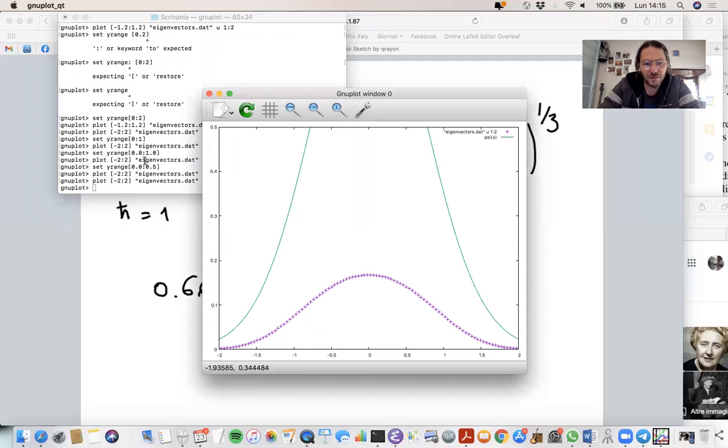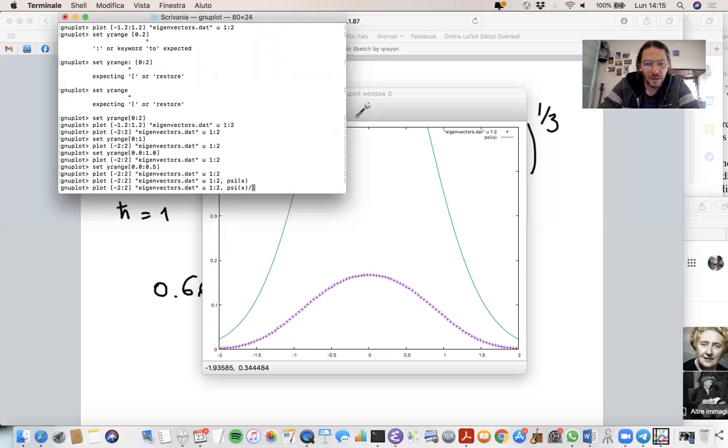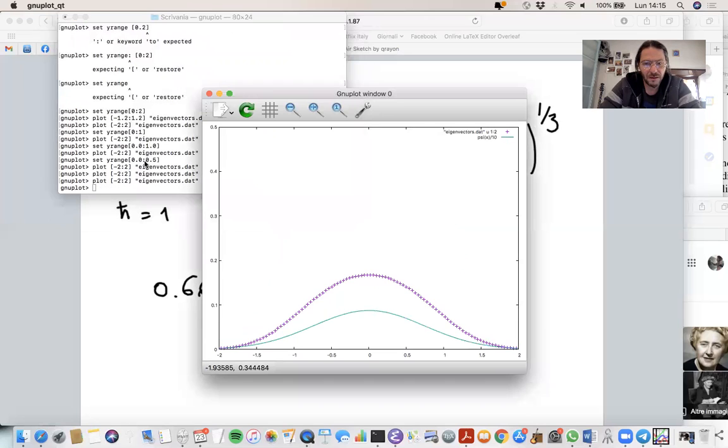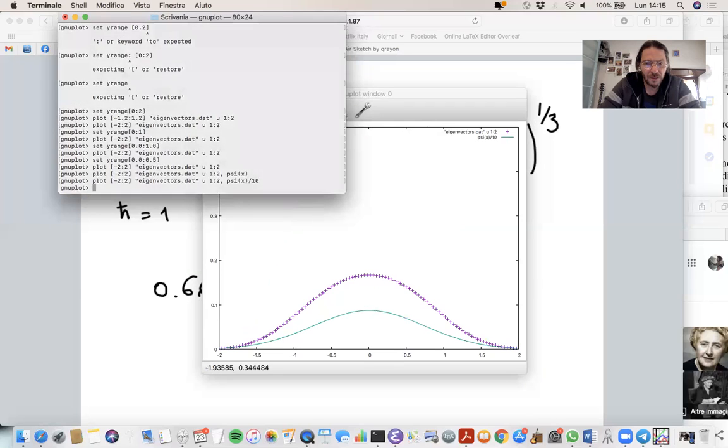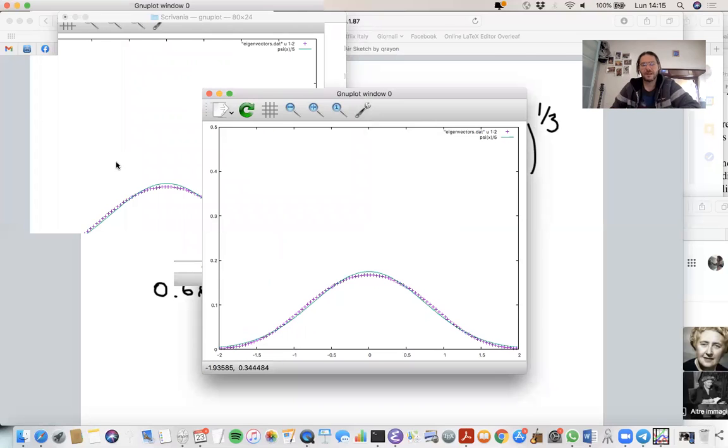Now the normalization of this function is completely off because probably the vectors that we were using were not normalized. The vectors that the code gives back are not necessarily normalized. So let's divide this by, say, okay, maybe. Okay, now this is, oh, we were quite lucky.